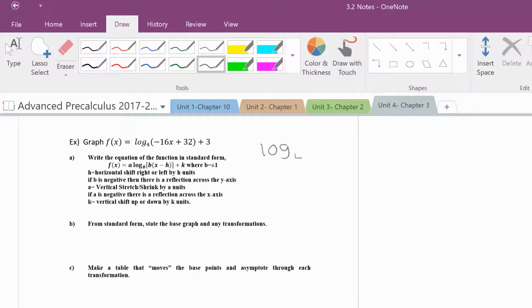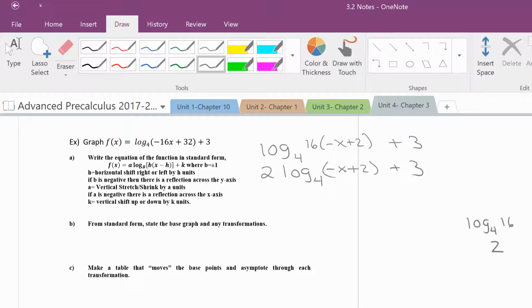So it's log base 4 of 16 times -x plus 2 plus 3. Because one of the things we know is that log base 4 of 16 is actually equal to 2. So we're going to take that 2 and multiply it. So now it's 2 log base 4 of -x plus 2 plus 3.